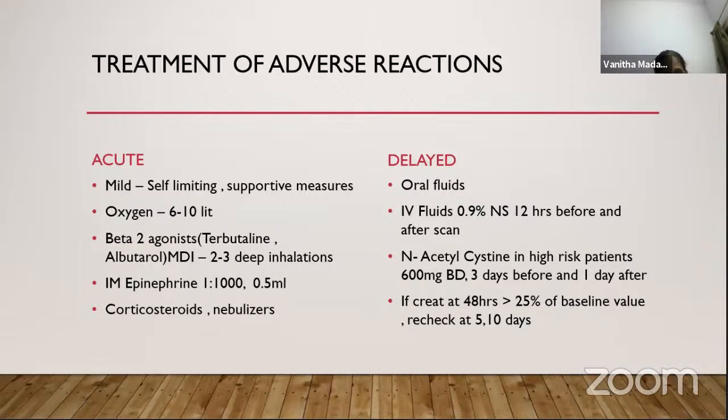Whereas in severe anaphylactic reactions, we have to manage the patient aggressively with oxygen around 6 to 10 liters and with beta-2 agonists like terbutaline, albuterol, metered-dose inhalers, and with IM epinephrine, 1:1000 concentration, 0.5 ml in the thigh. It also includes corticosteroids and beta-2 agonist nebulizers.